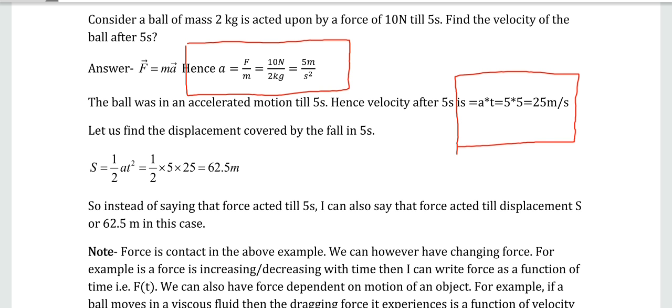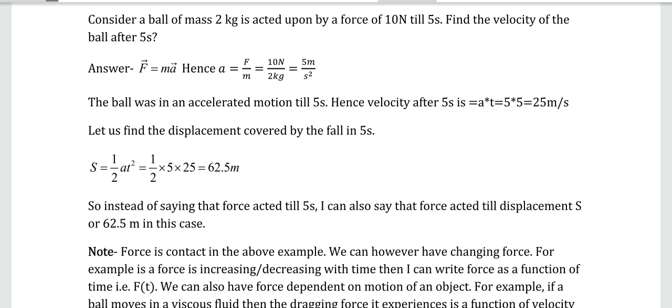Now can you tell me what happens to the velocity of the ball after 5 seconds? See, here is a very interesting thing. The force acts only for 5 seconds, so the acceleration existed only for 5 seconds.